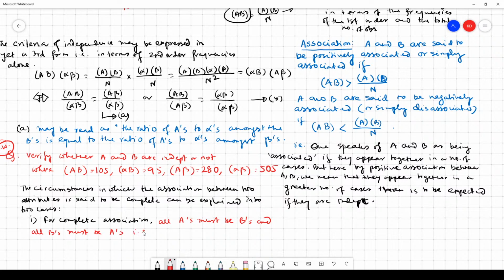That is, A beta is equal to 0 and alpha B is equal to 0.